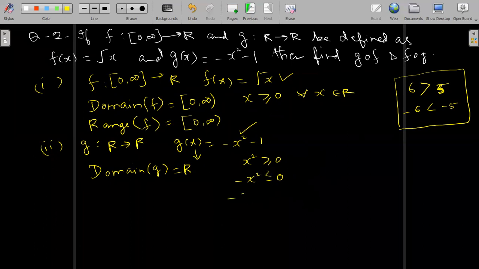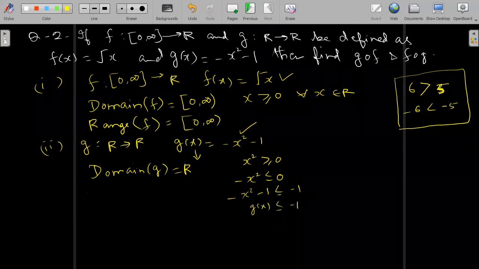Now we can add minus 1 on both sides. So that means g(x) should be less than or equal to minus 1. Whatever value you put here, you will always get less than or equal to minus 1. So g(x) will always be at most minus 1.